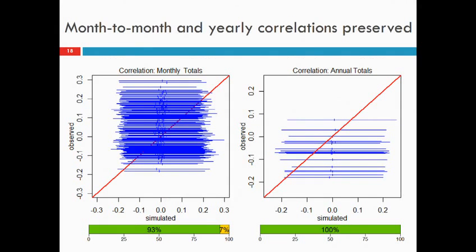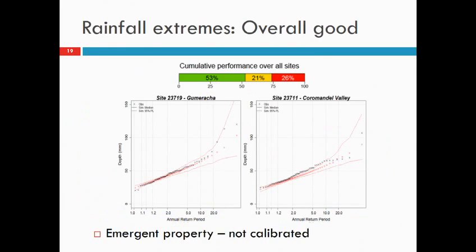We did well in terms of preserving the month-to-month and the yearly correlations, and we had good performance in simulating our intensity, frequency, duration relationship, which is our relationship in terms of rainfall extremes, which is a very good test as it's an emergent property of the model and we haven't calibrated to it.